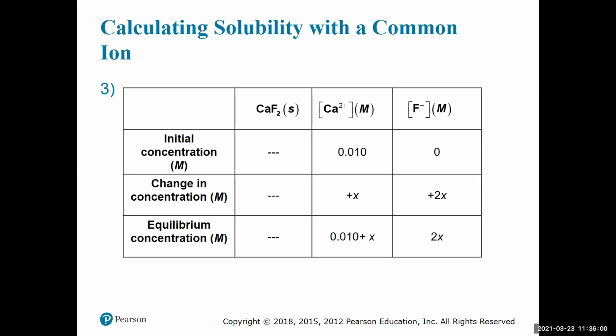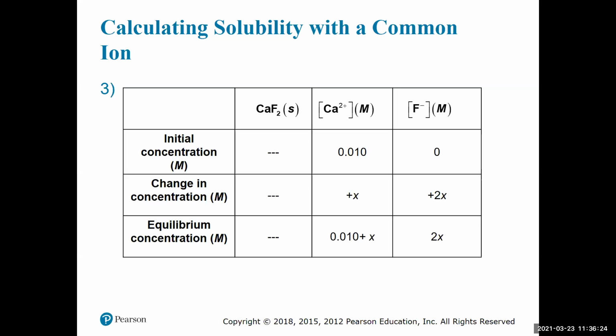And then let's figure out what our equilibrium concentration is. For the calcium, we started with 0.01. Then we add some amount, which we're calling X, from the dissociation of the calcium fluoride. So that's 0.01 plus X. The fluoride ion, we started with none.